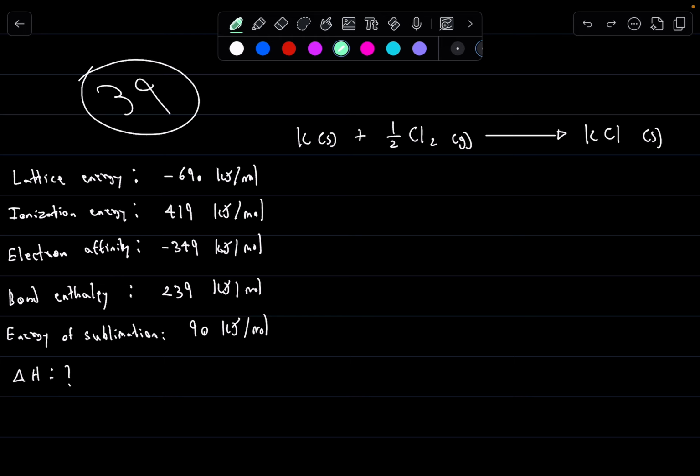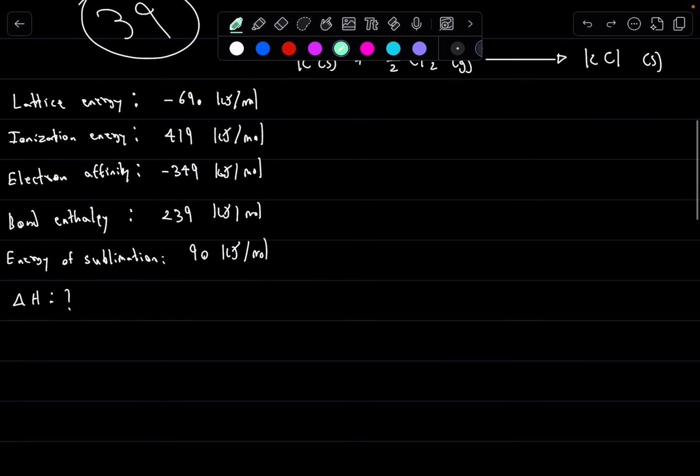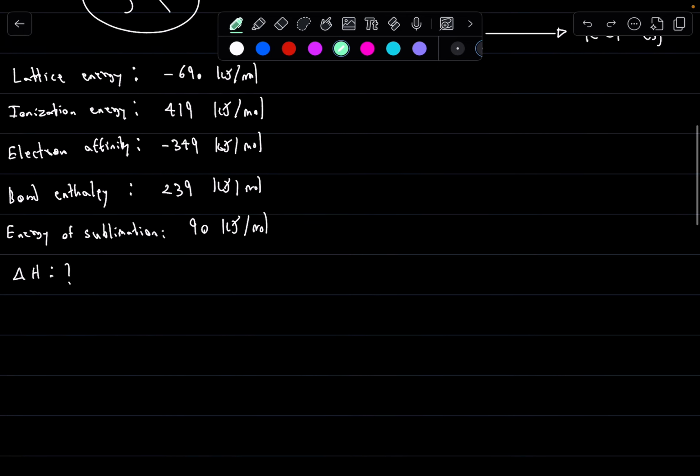Ionization energy is the energy needed to remove an electron from an atom. Electron affinity, the energy needed to add an electron to an atom. Bond enthalpy is the energy you need to break a bond, and the energy of sublimation is when a solid directly turns into a gas. So it skips the liquid phase, for example, right?